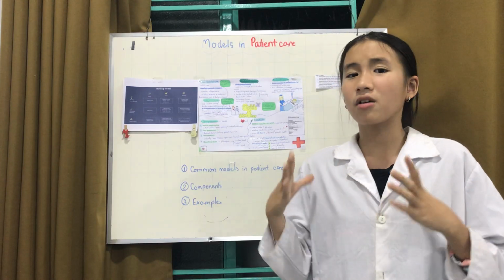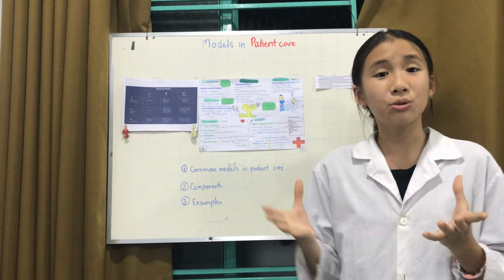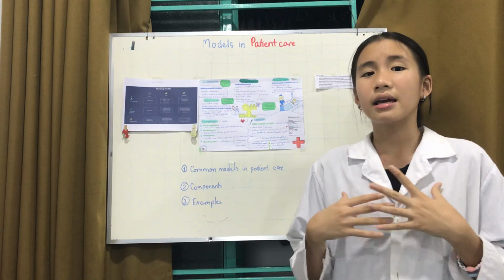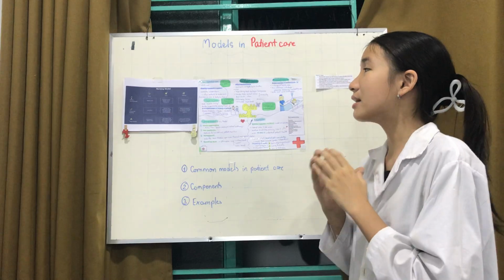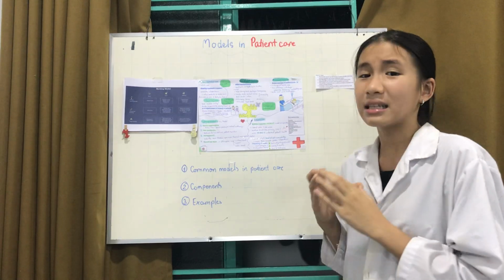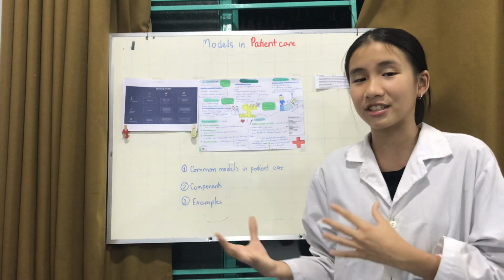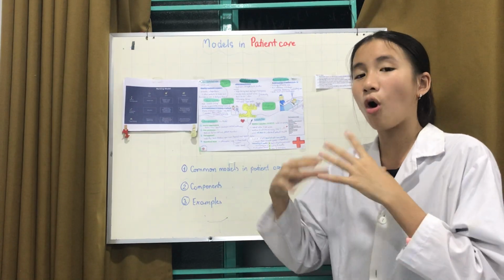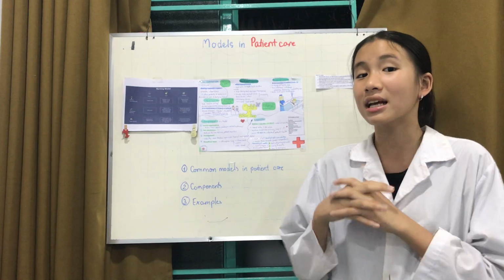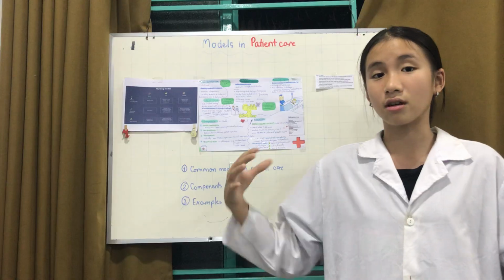Now, this type of nursing care model is not usually used and not recommended in healthcare because it is not holistic care. It is efficient, but it does not build the trust and relationship between the team, the nurses, and the patients.